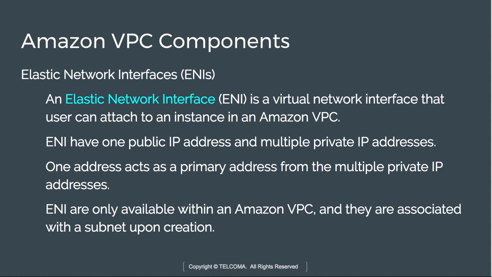One address acts as the primary address from the multiple private IP addresses. ENIs allow users to create a management network. They can use network and security appliances in your VPC. We can create dual-homed instances with workloads. We can create budget and high availability solutions with these ENIs.